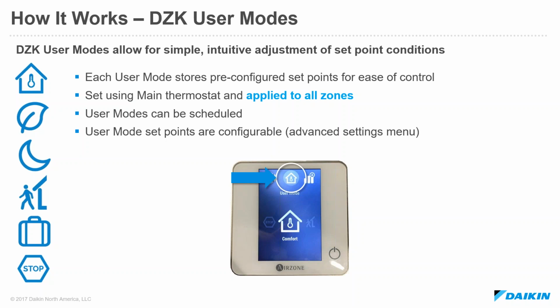But that doesn't mean that the local user can't override the zone settings. If you use user mode to send a command of 75 Fahrenheit to all zones, the local users can still adjust that set point. This is just a way to broadcast pre-configured set points to all zones at the same time.